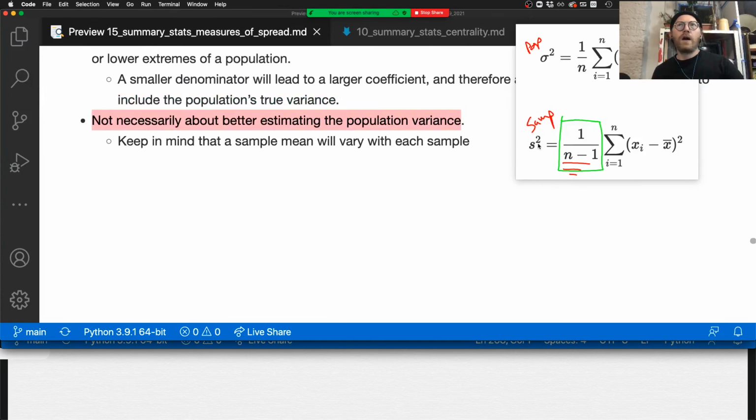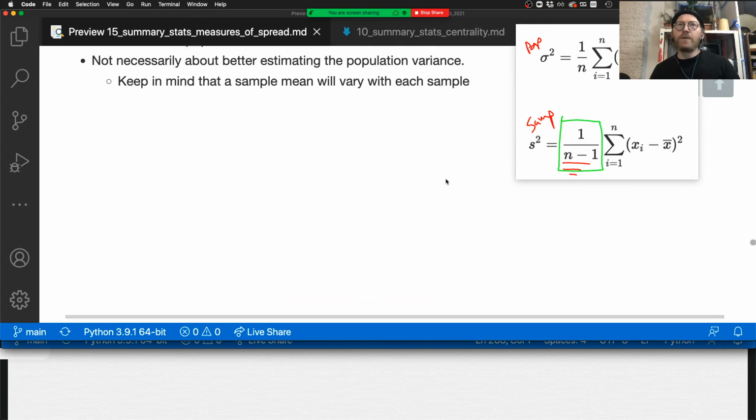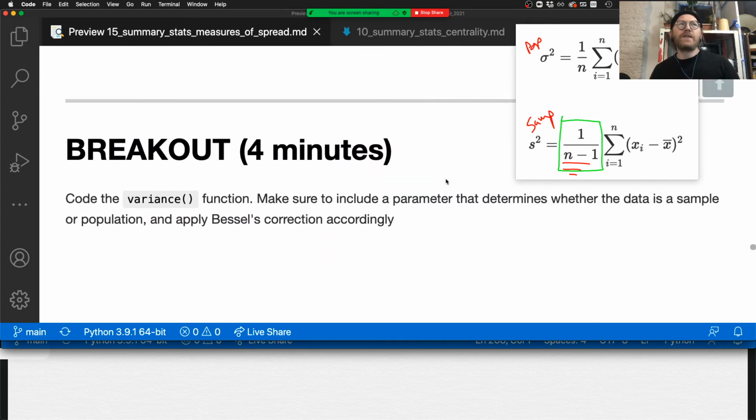With the mean, when we're sampling, we want to get a mean that best approximates the population mean. That's something we're attempting to do. We're not actually trying to better estimate the population variance by applying Bessel's correction. What we're trying to do is make sure that we include the variance around the mean. It's a subtle point, but I think it's worth saying.